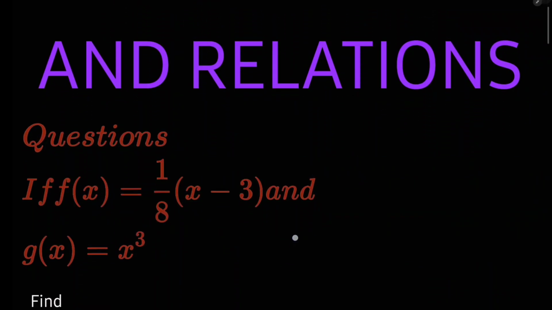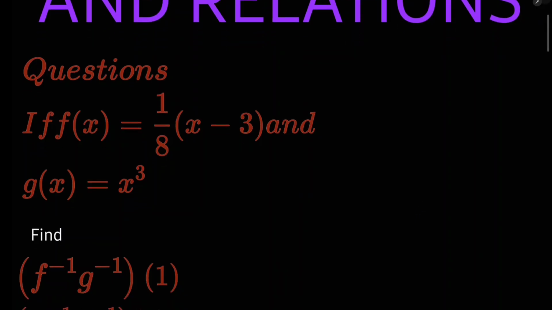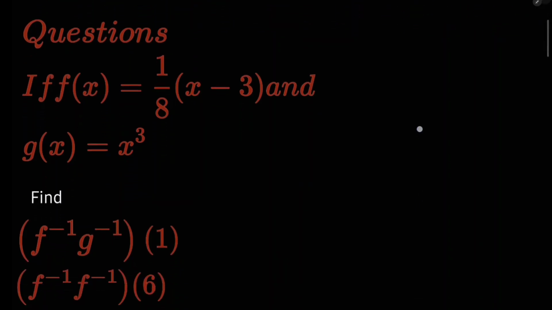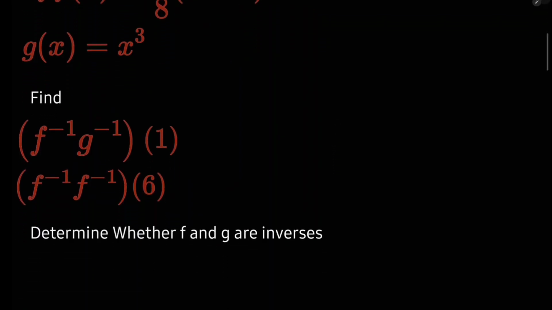In this video we are going to be solving questions on the composite of functions and the inverse of functions. Okay, here is a question. It says if f of x is equal to 1 on 8 into x minus 3 and g of x is equal to x cubed, then we are to find f inverse of g inverse of 1 and f inverse of f inverse of 6.